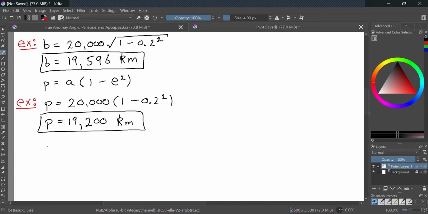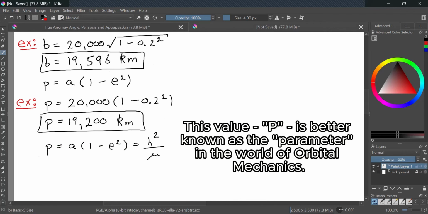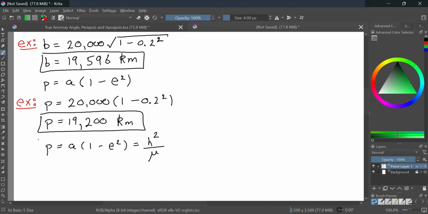So P is equal to a(1 minus e squared) is equal to h squared over mu. Again, making that look more like a mu. My pen didn't want to work there for a second. Let's box that in. That is definitely something worth boxing in.